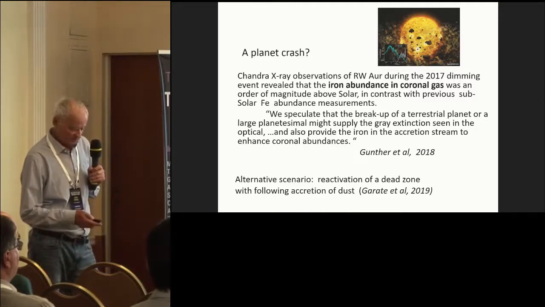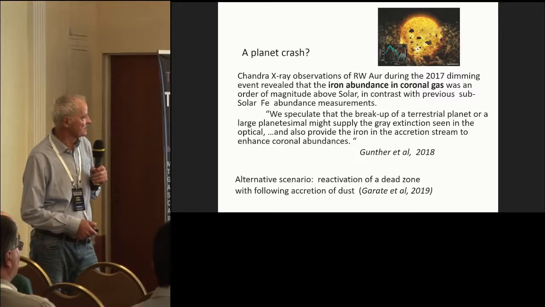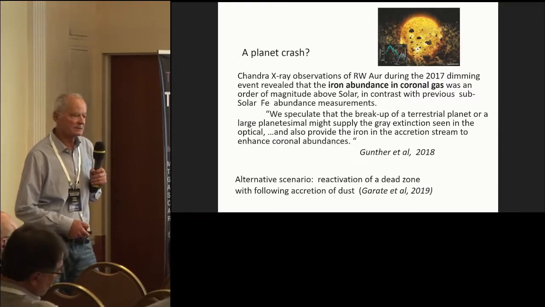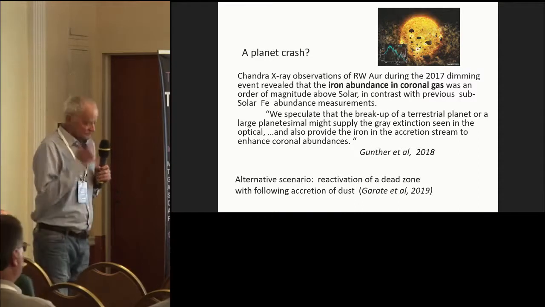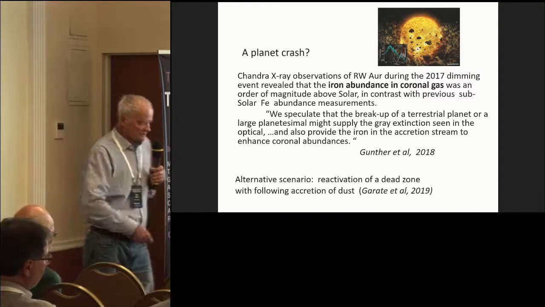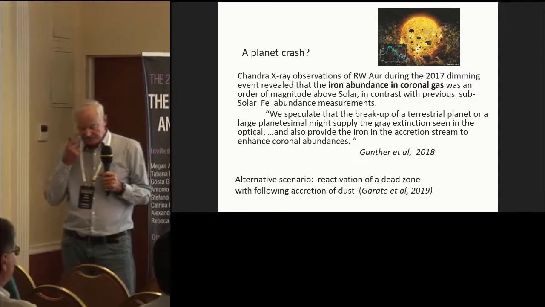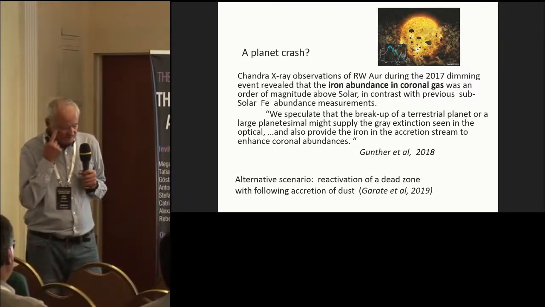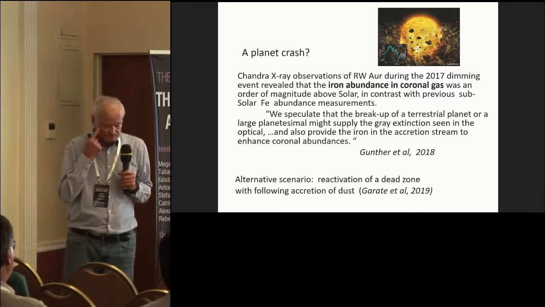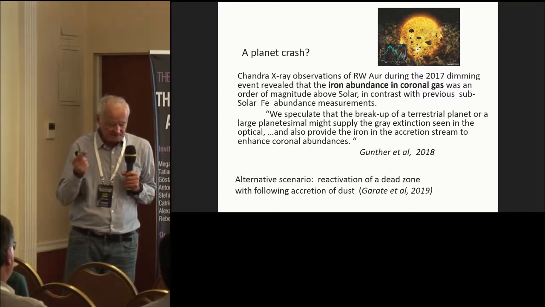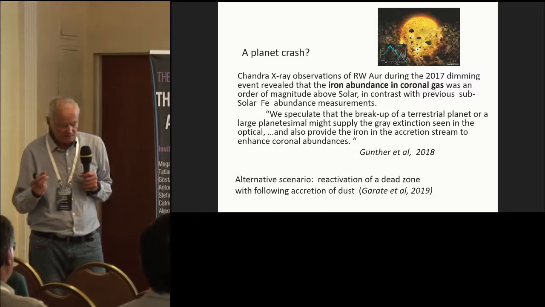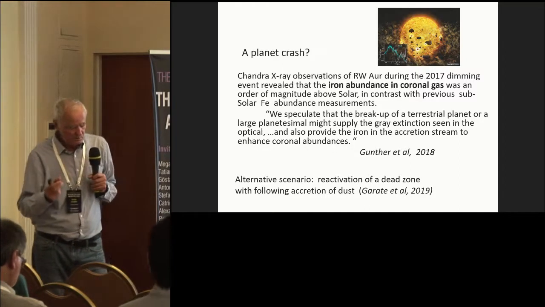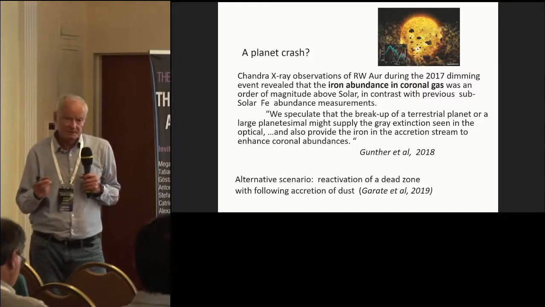An alternative scenario was suggested in a very recent publication by Garate. If I understood it correctly, numerical simulation of accretion disk evolution shows that dust particles may be accumulated in the dead zones of low turbulent viscosity.